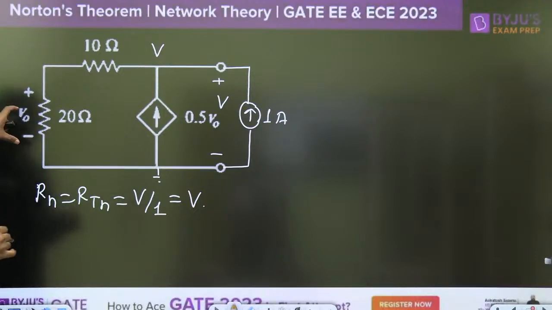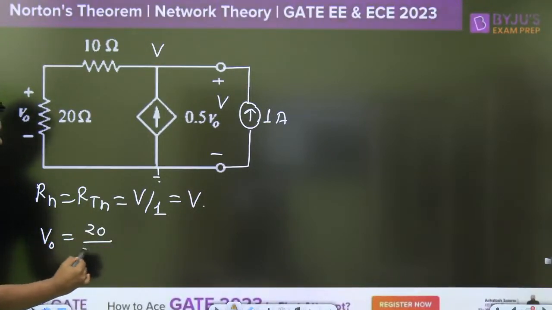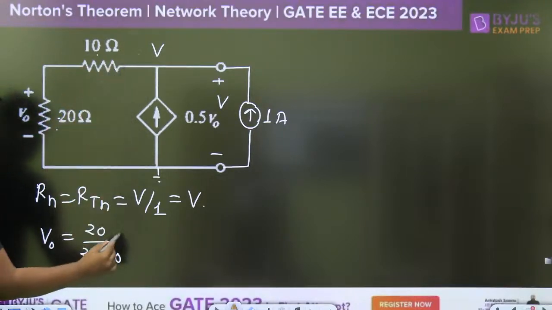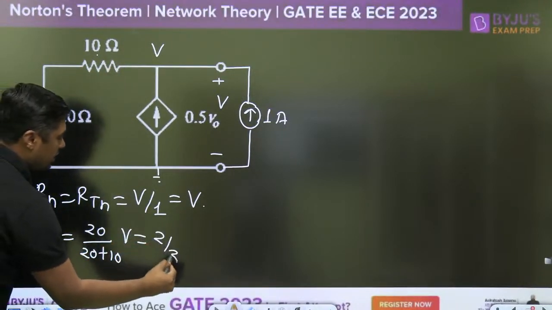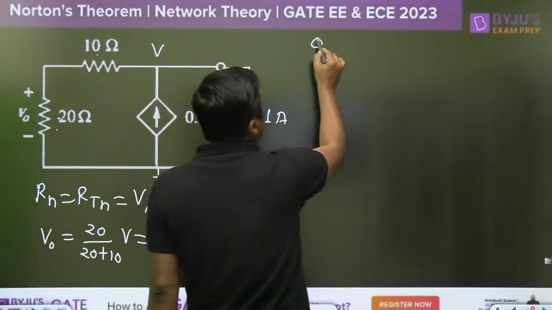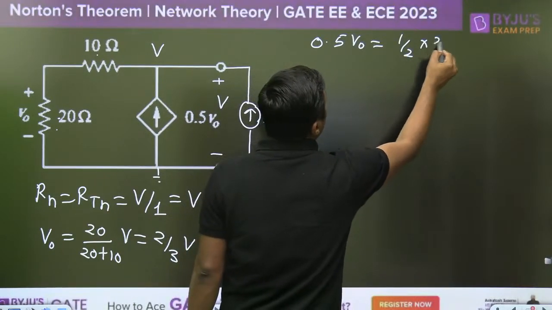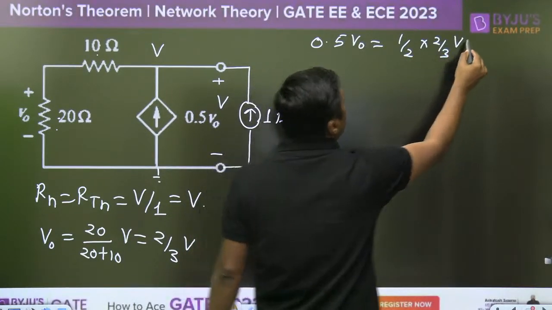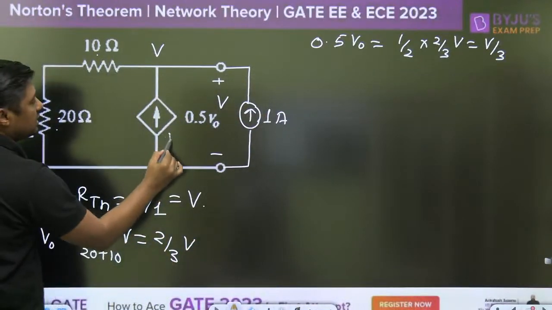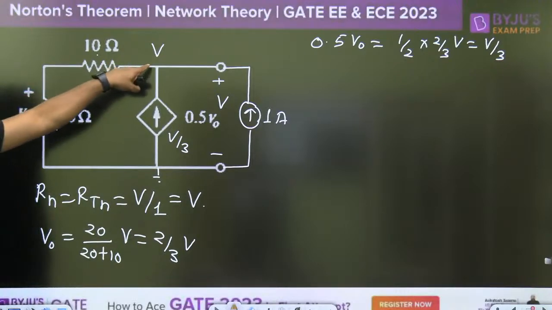According to the voltage division rule, V0 will become 20 divided by 20 plus 10 into V, that is 2 by 3 V. 0.5 V0 will become 1 by 2 into 2 by 3 V, that is V by 3. Apply the KCL at this point.